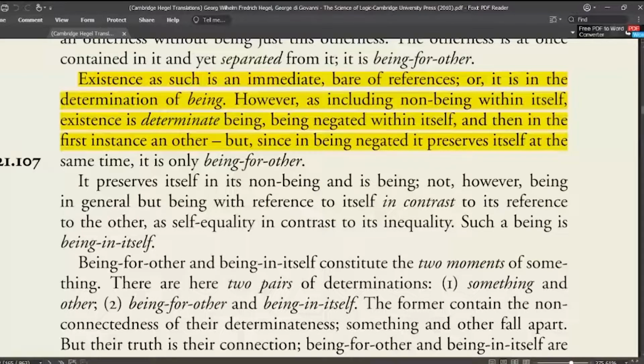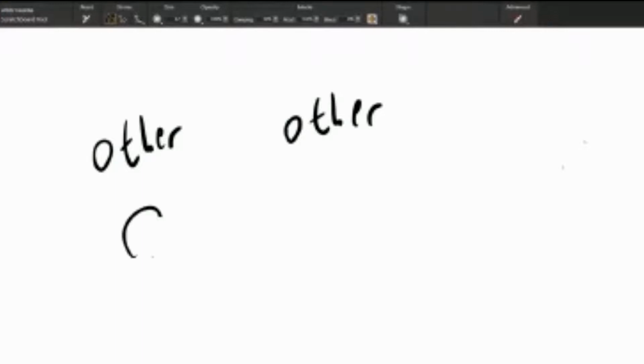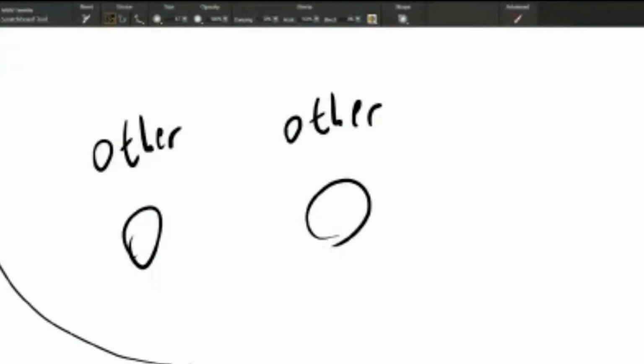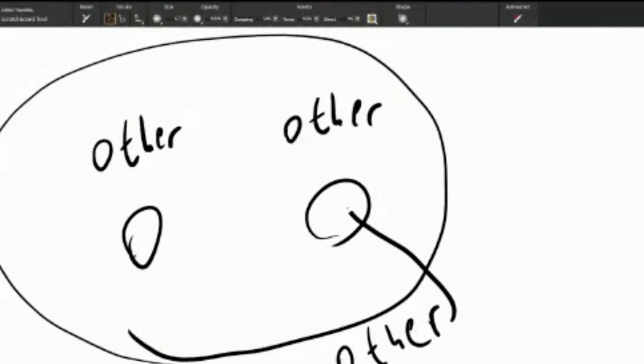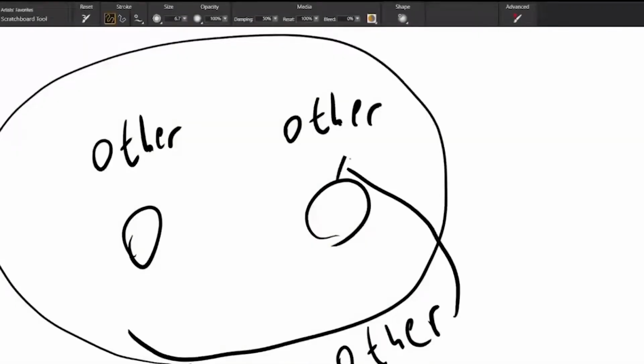So one way to put this is, going back to the other. The other is the other of the other, which in being other is other. What do we have there? We have otherness within otherness.